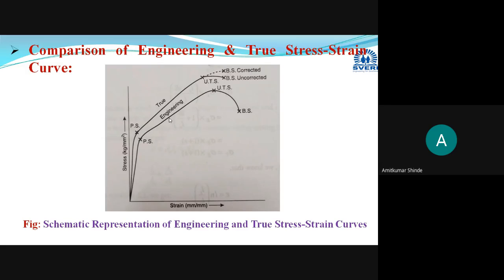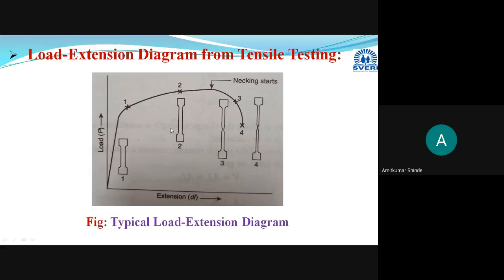Whenever you are calculating for a particular stress, you consider the exact change in the dimension at that particular instant. I will tell you with an example. Suppose you have applied 10 kg of load initially and the change in length is 1 millimeter.